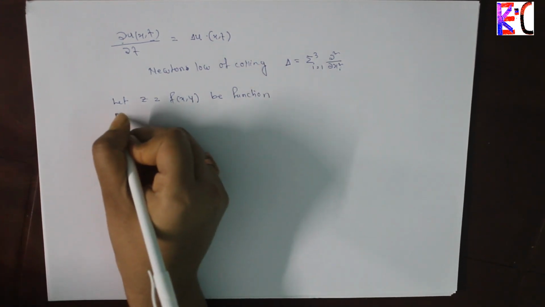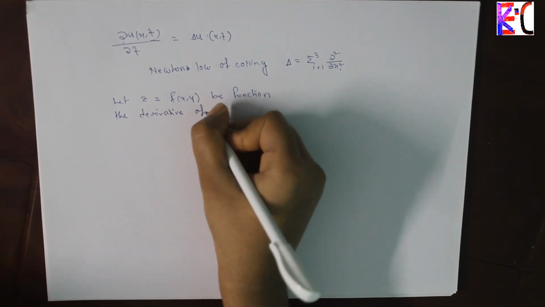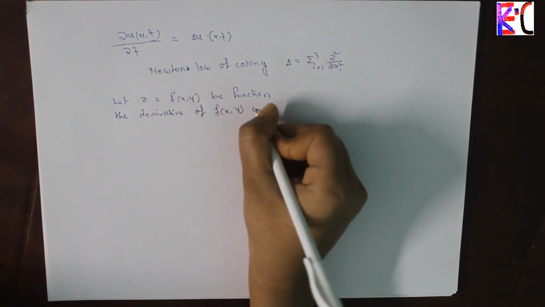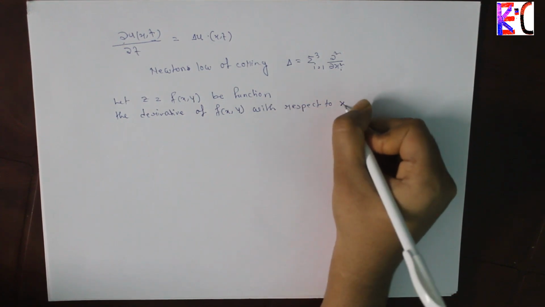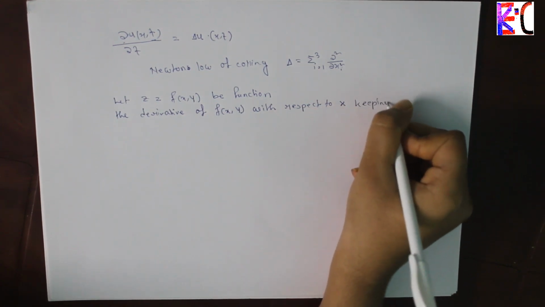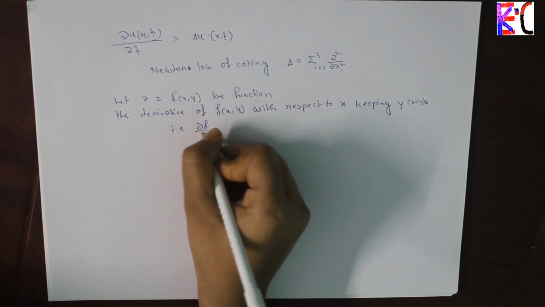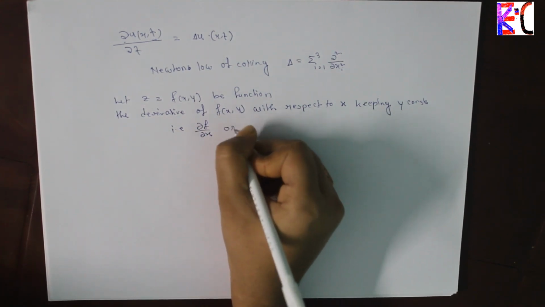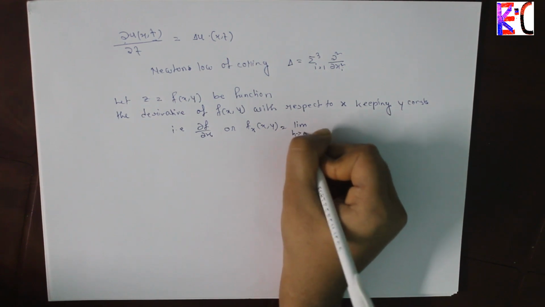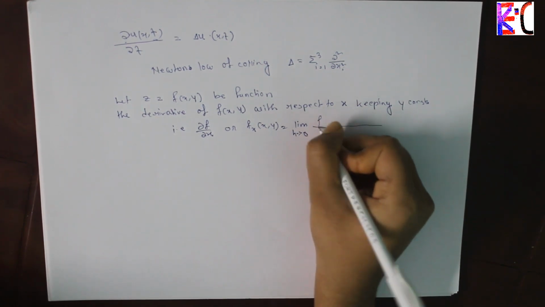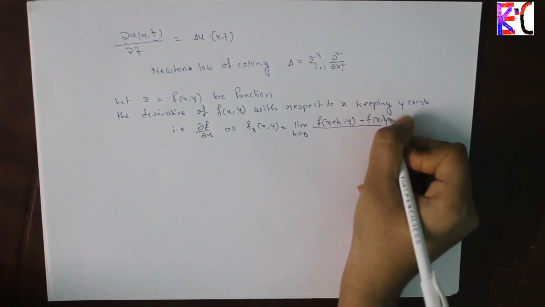The derivative of f of x, y with respect to x, keeping y constant, is del f del x, which equals the limit h tends to 0 of f of x plus h comma y minus f of x, y, by h.